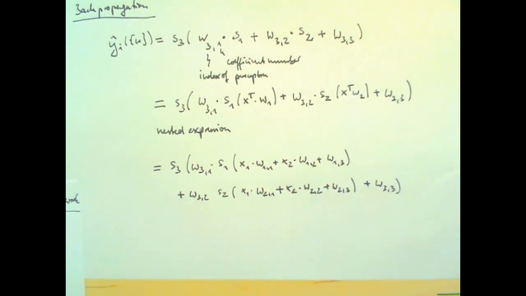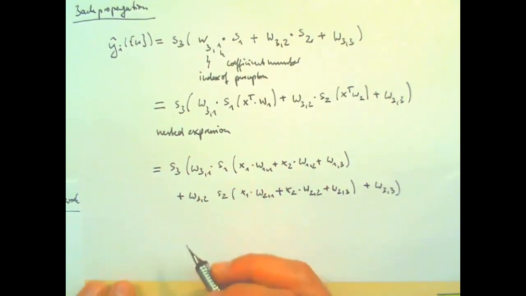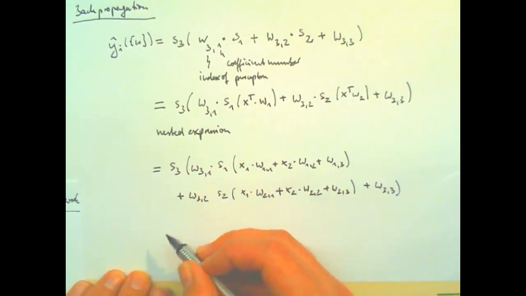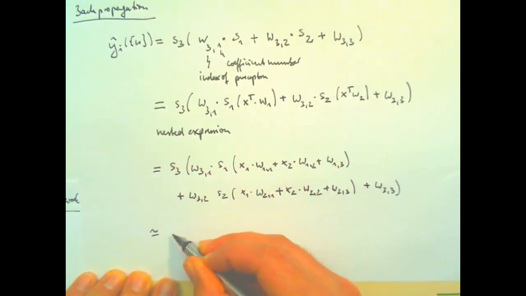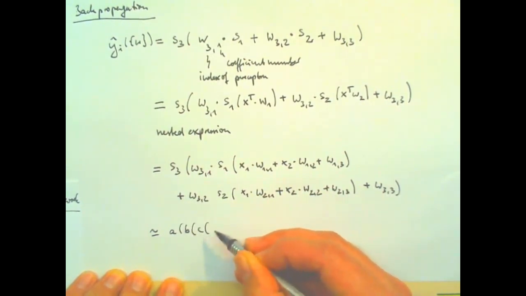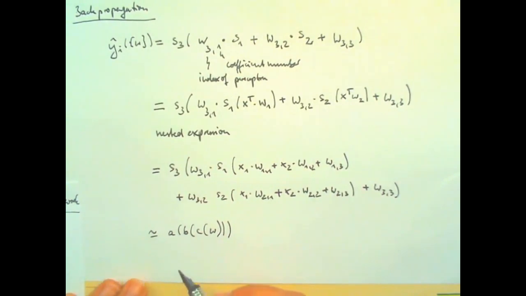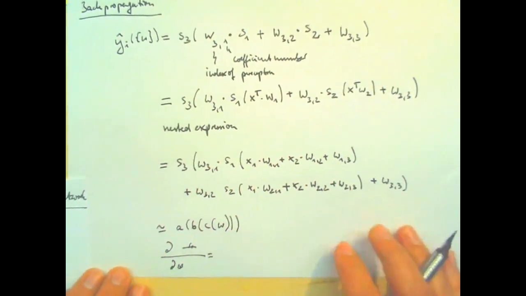So forgetting about all details, it looks roughly as follows. I have a function A of a function B of a function C of, you get the idea. But let's say it already ends here. And if I'm now interested in the derivative of this thing with respect to W, you have to remember these differentiation rules.